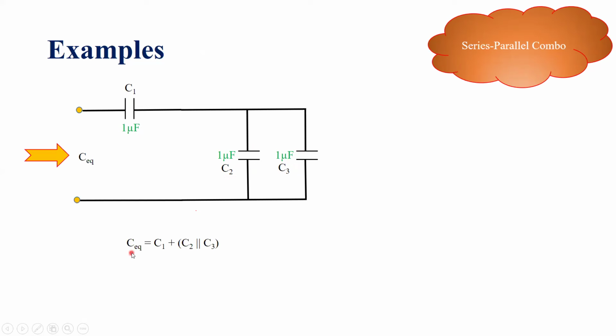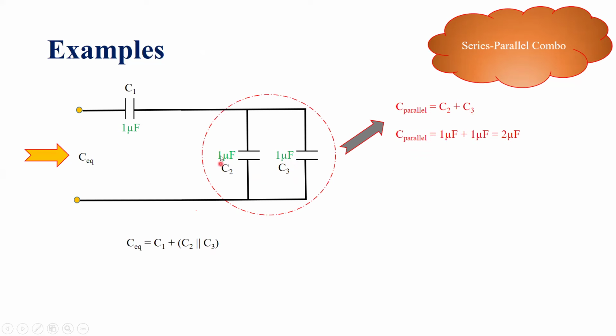Now, the equivalent capacitance of this network, as I said before, is equal to C1 plus, in parenthesis, C2 in parallel with C3. You see that this is a parallel network of two capacitors, C2 and C3. Therefore, we first calculate the equivalent or net capacitance of this network, which is simply the sum of C2 plus C3.